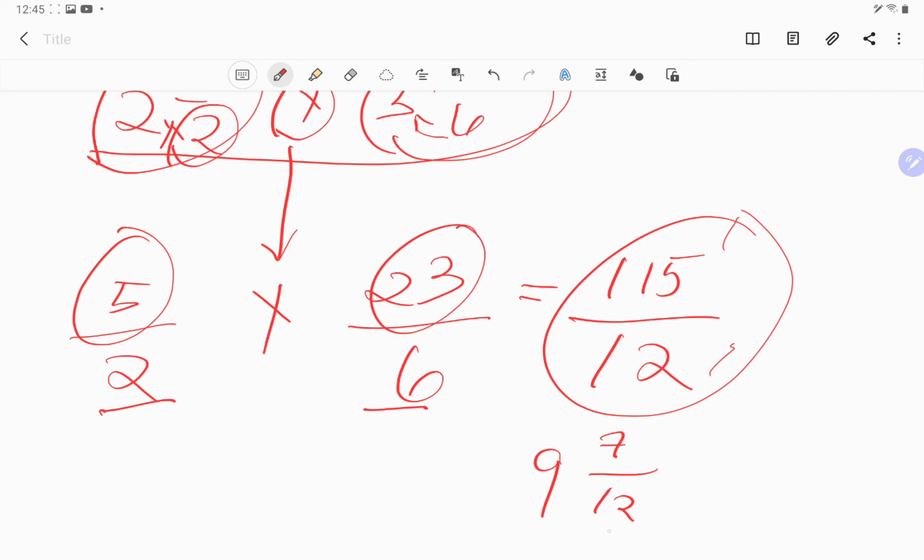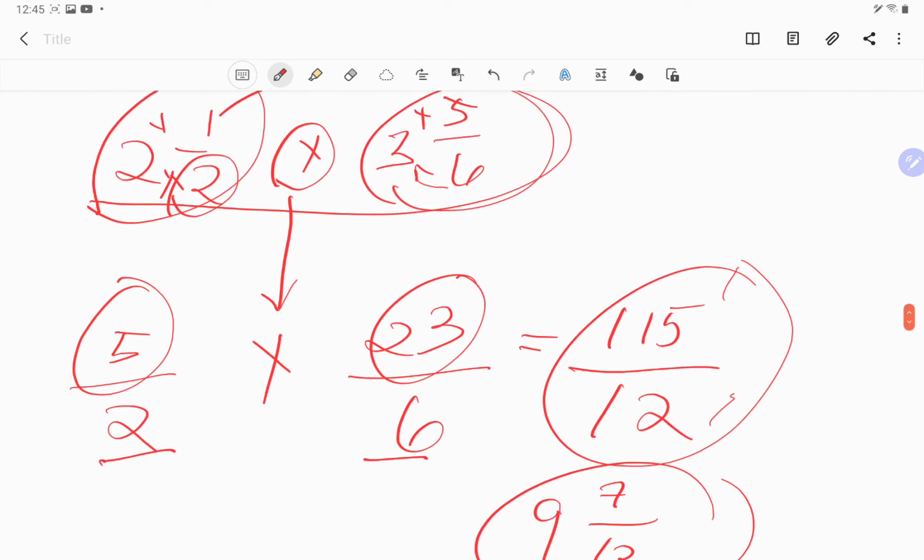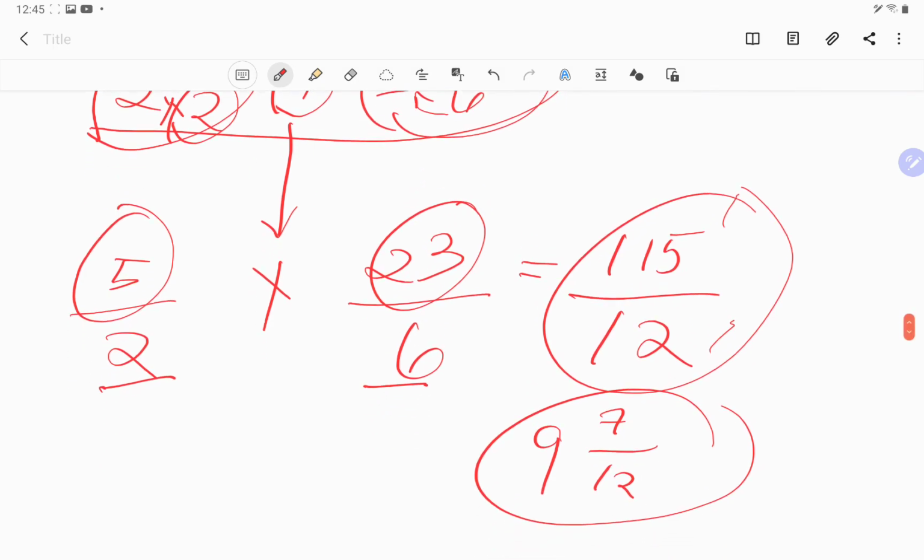Bakit? Kasi 9 times 12 is 108 plus 7 is equal to 115. Diba? So, ito na yung pinaka-final answer natin from 2 and 1/2 times 3 and 5/6. That is equal to 9 and 7/12.